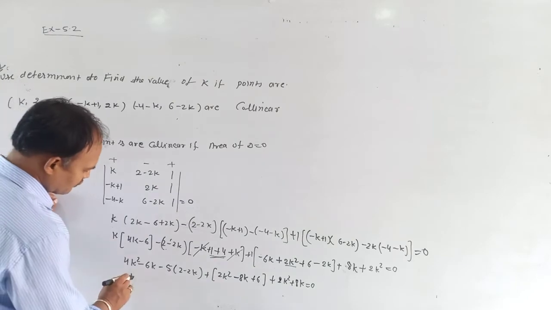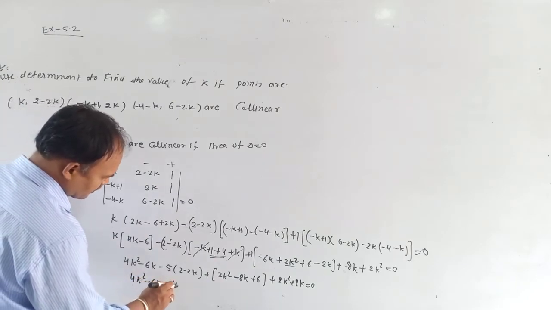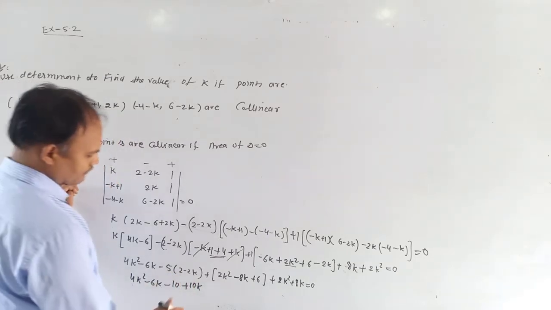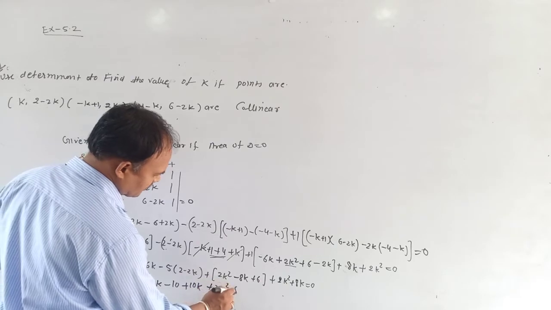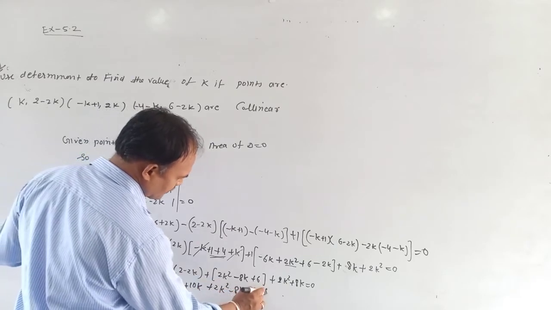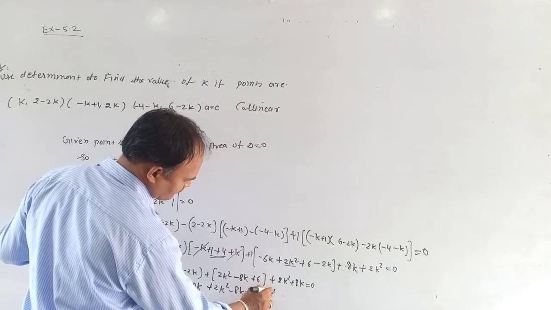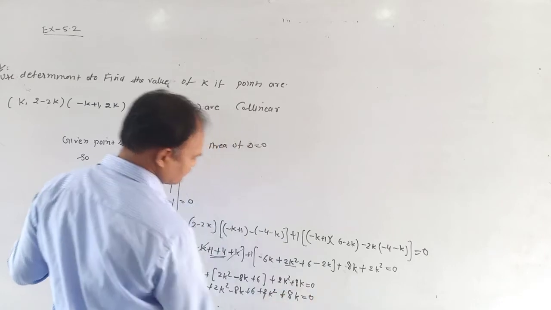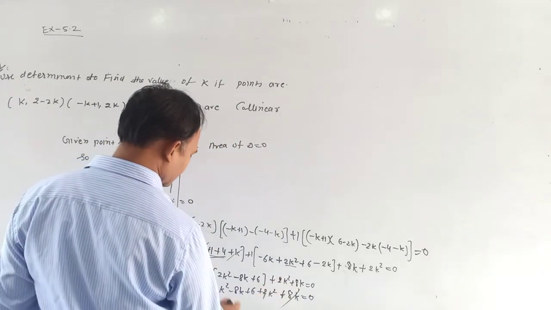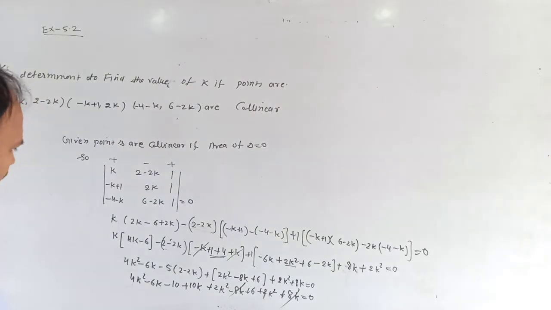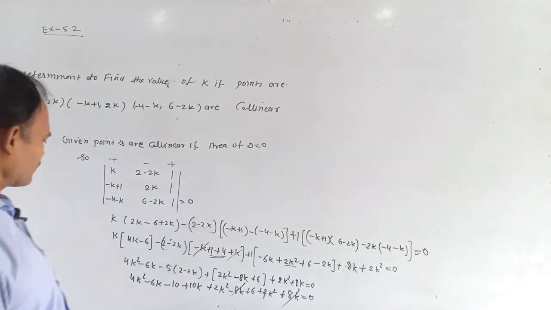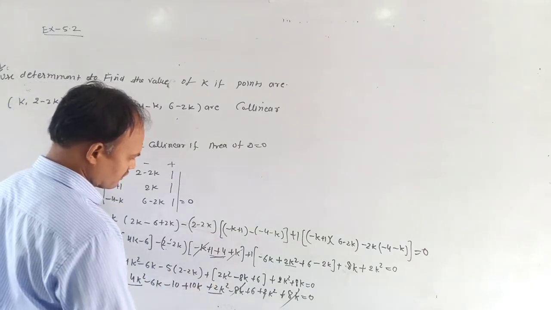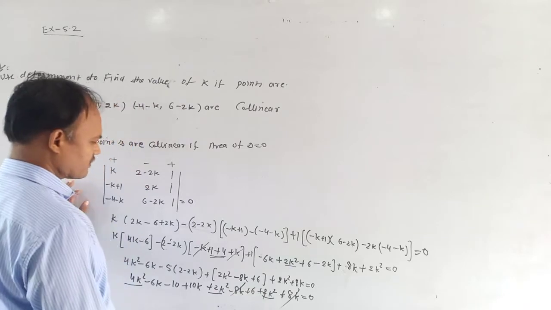So what about here? It is 4k square minus 6k minus 10 plus 10k plus 2k square minus 8k plus 6 plus 2k square plus 8k equal 0. The 8k and minus 8k are cancelled. 4k square, 2k square and 2k square make 8k square.